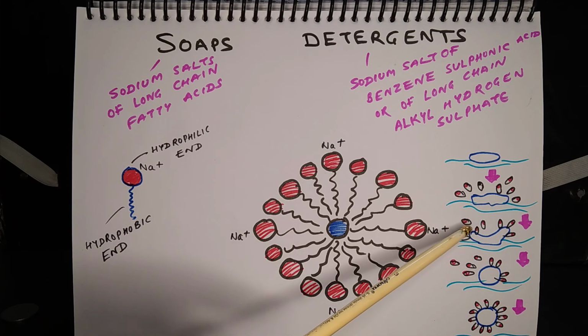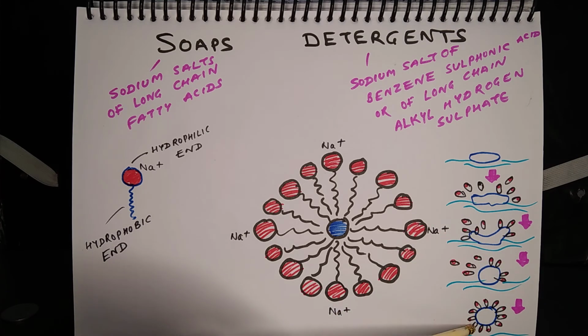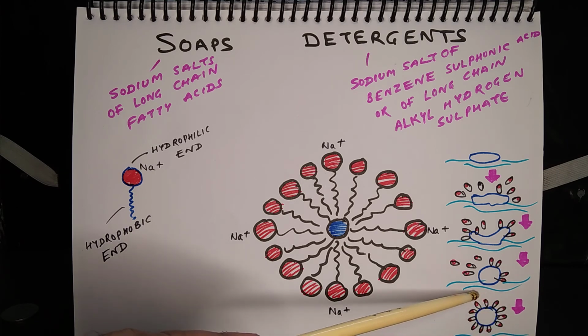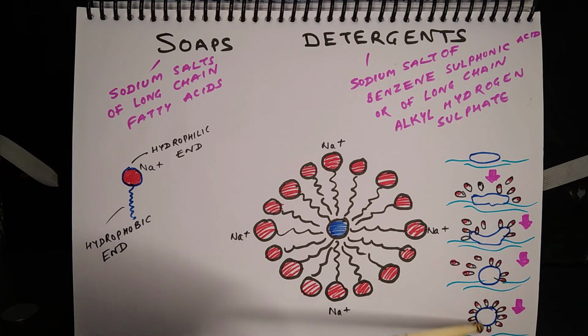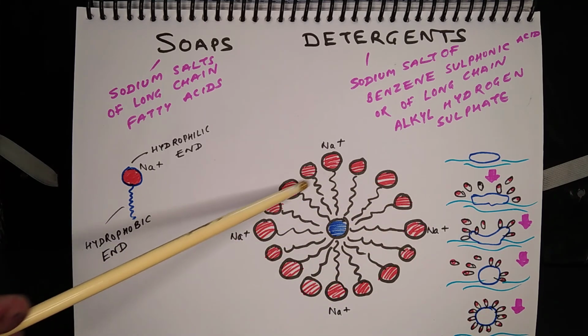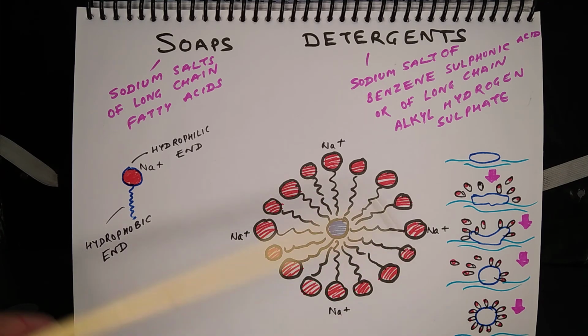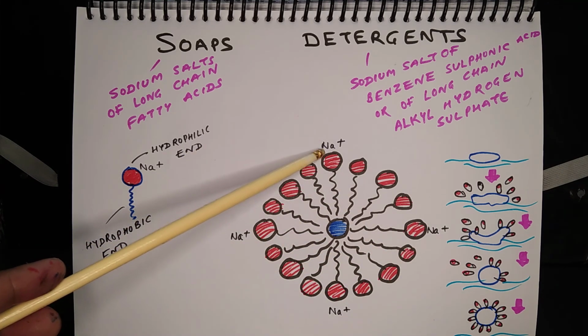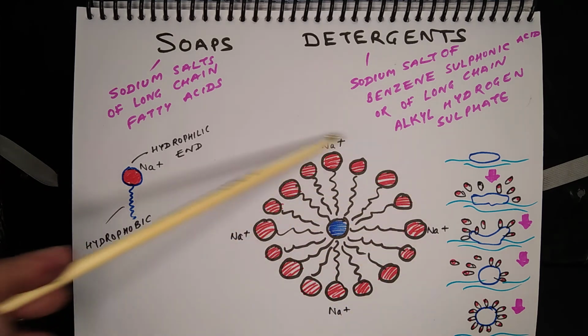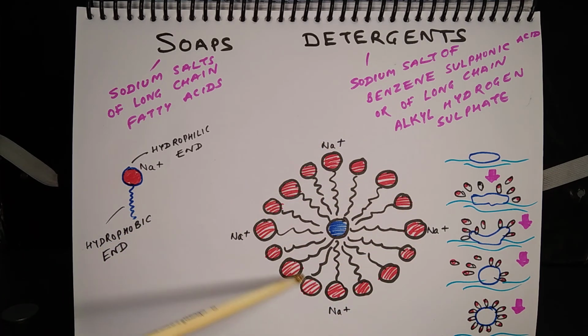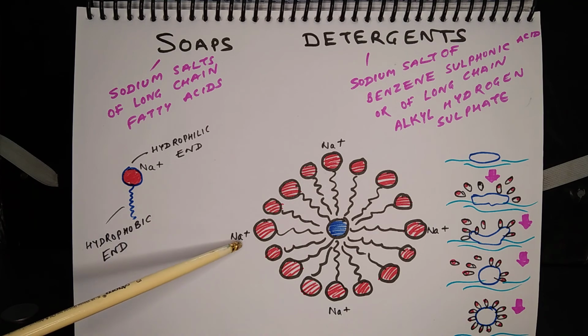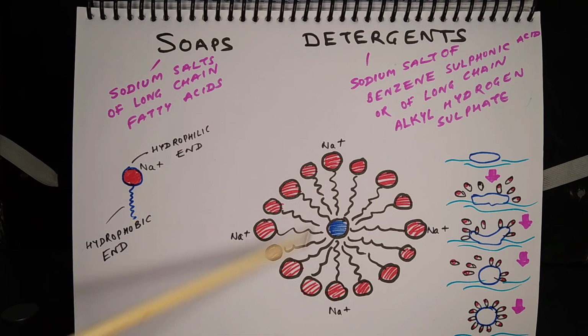Gradually many molecules attach to the grease particle, forming a globe-like structure surrounding the grease particle. This globe-like structure with grease particle at the center is called a micelle. So here hydrophilic ends are at the periphery of the sphere with sodium ion over here, and hydrophobic ends are towards the center.